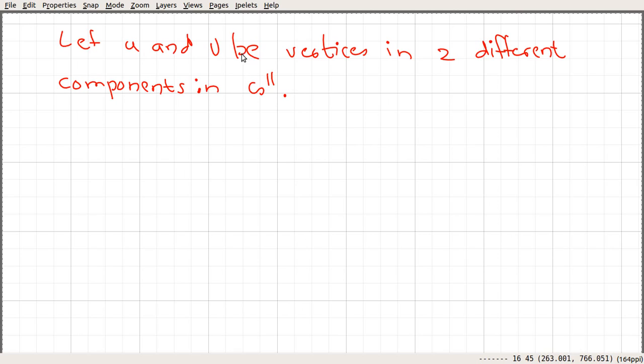Since U and V are in 2 different connected components in G double dash, there is no path from U to V in G double dash.